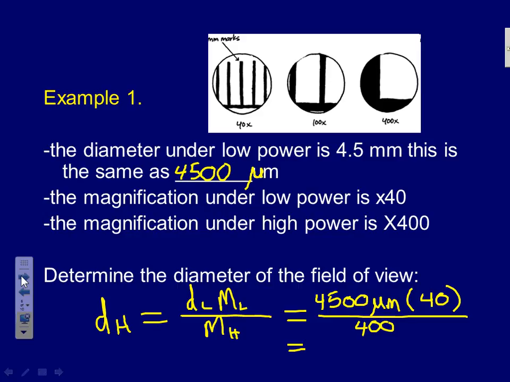Yeah, what do you got? 450, and what unit would that be? Not millimeters. Micrometers. That funny U and an M. 450 micrometers. What's that? It's actually not a U. It's a Greek letter, and the Greek letter is pronounced mu, like a cat.